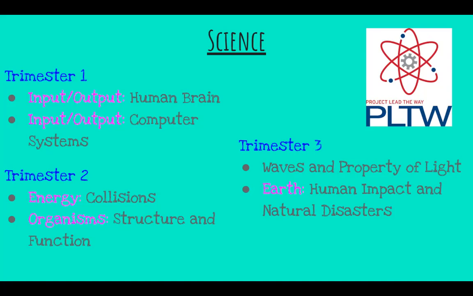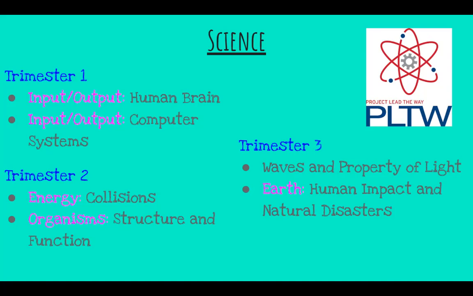2nd trimester, we focus on energy with collisions, with potential and kinetic energy being some of the terms that we will use in there. Our 2nd half of that is organisms. We'll talk about plant and animal structure and function, how they are similar and different.